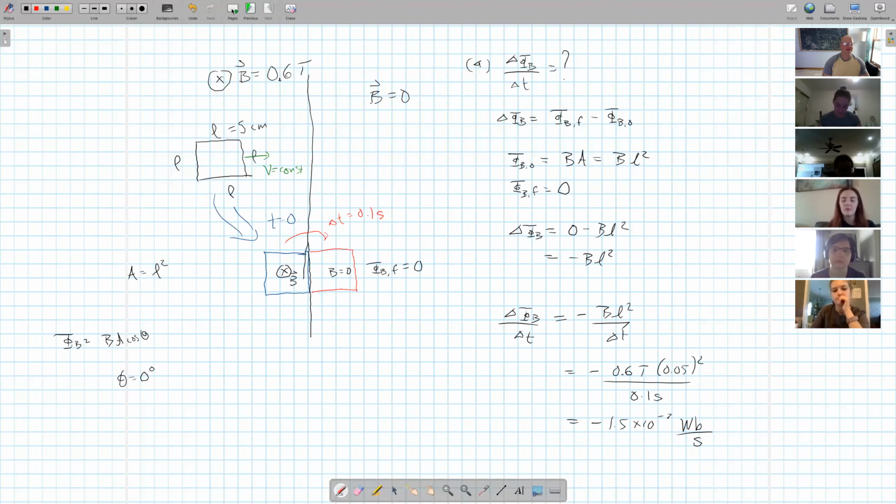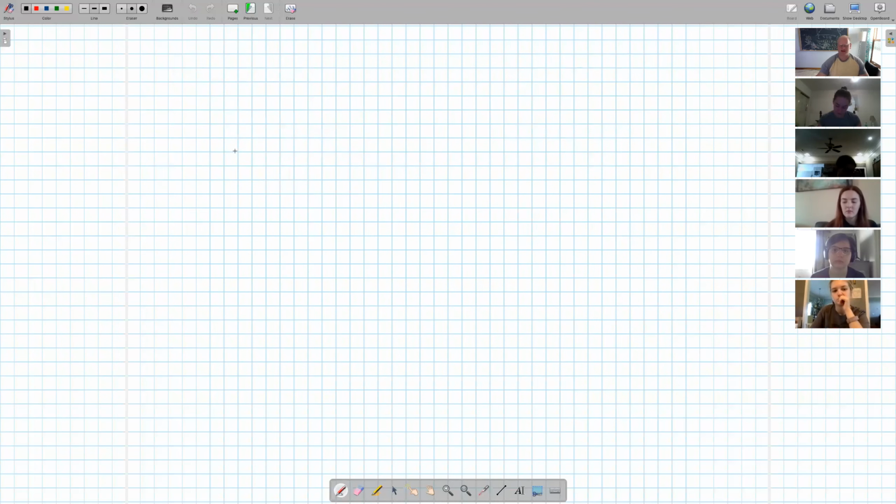Now, part B is asking, what is the EMF? We now know that the EMF is equal to minus the number of loops times the rate of change of the magnetic flux.